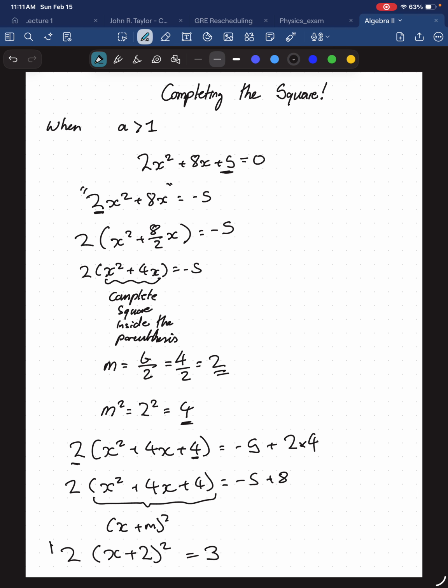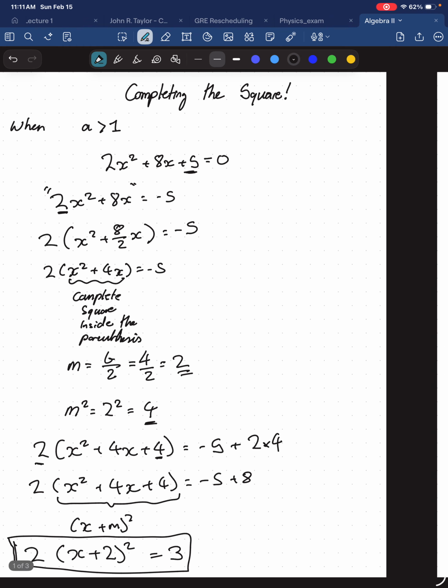So this equation is the most important equation in completing the square. All right? Because from this equation, I'm going to rewrite this equation here. 2 times x plus 2 squared equals 3. We can do 2 things with this equation.